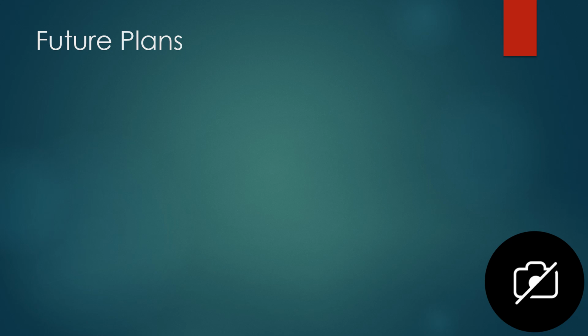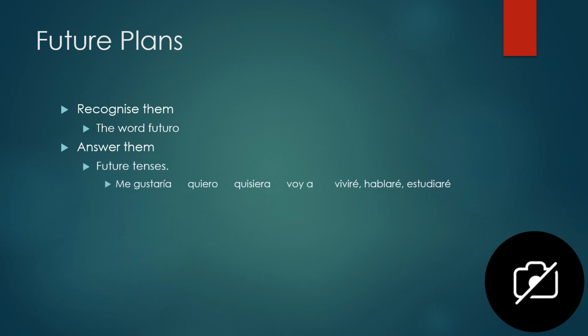We move on to future plans. There have been future plan questions. Usually you'll see it from the word futuro or the word planes. Or cuando seas mayor, for example, might also come up. To answer them, use the future tenses, but do vary them. Me gustaría, quiero, quisiera, voy a, and also the future tense that has the é with the accent on the end of an infinitive, like viviré, hablaré, estudiaré.